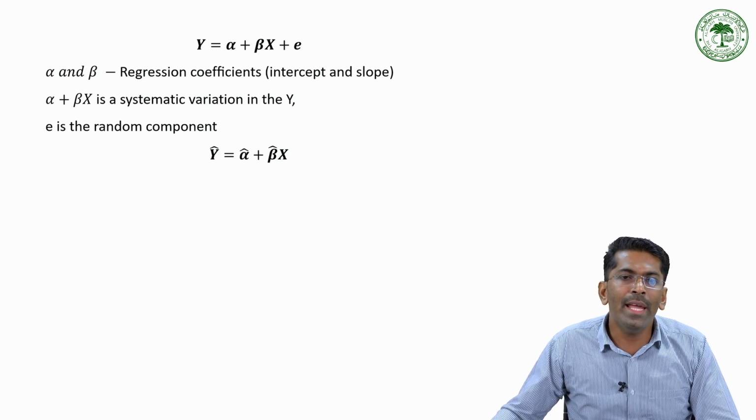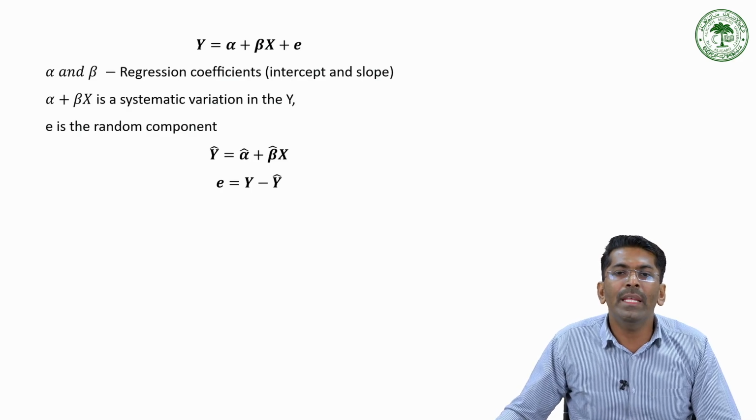Here y hat is the predicted or estimated value of y for the given value of x, and alpha hat is the predicted value of y when x is equal to 0, that means the intercept term. And here we can calculate the error term, that is e, which is equal to y minus y hat, or the residual, that is the difference between the observed and the predicted value of y.